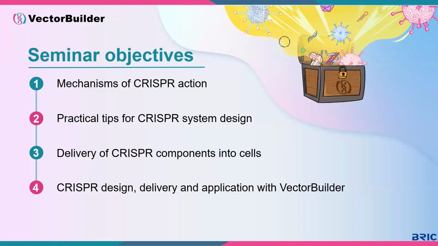So to start, modulation of genes has been and is very crucial to understanding biological functions. For the longest time, we did not have the tools to be able to do that. And in the recent past, there were zinc finger nucleases and TALENs, which were used for this purpose.